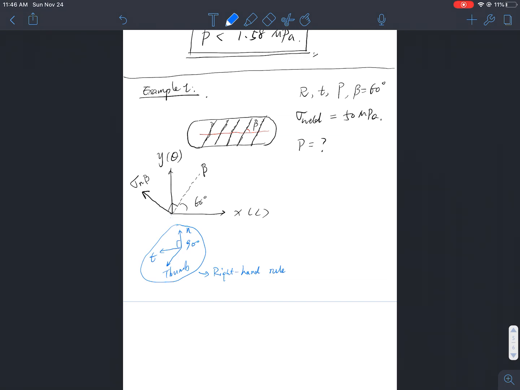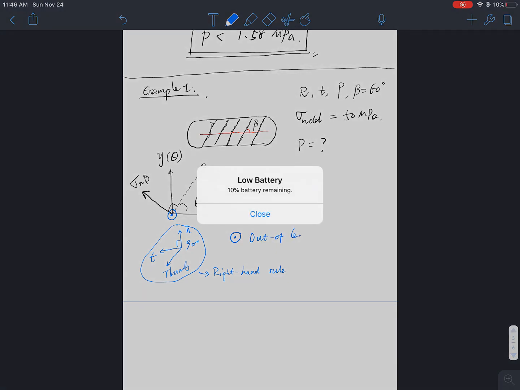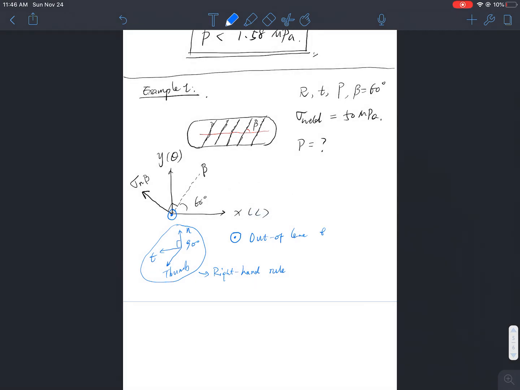So when I say my thumb direction is actually pointing outward to us, out of the plane, opposite to us.